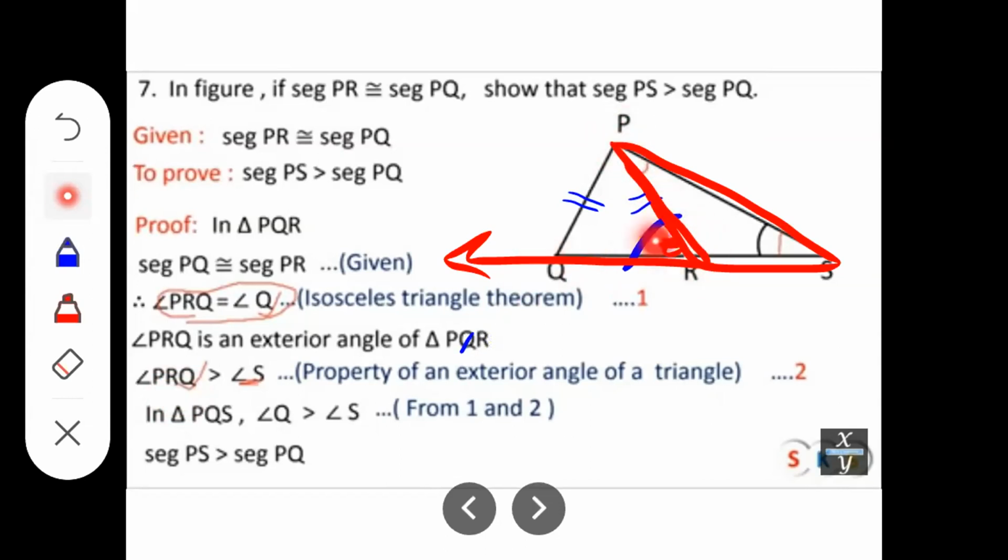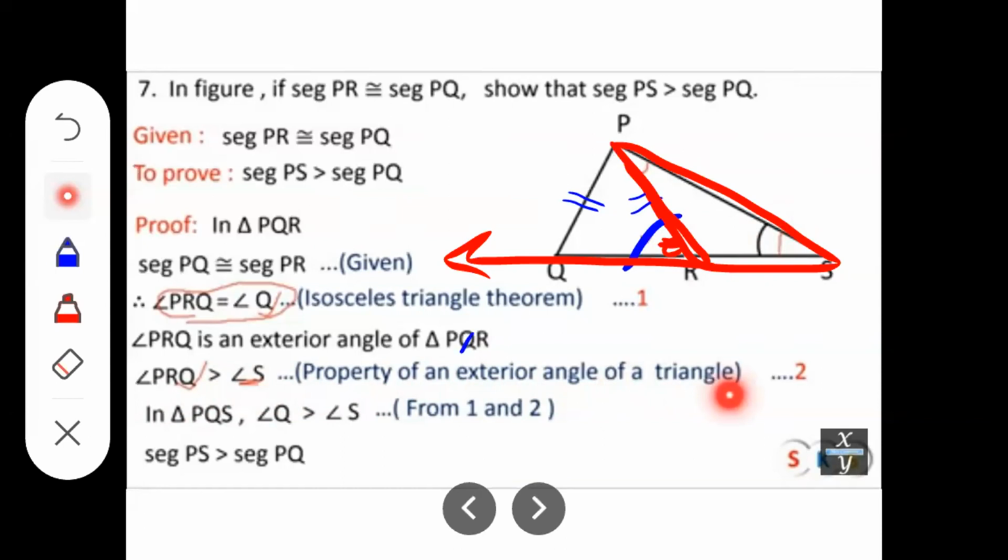Which are those? Angle S and angle P. Those are the two remote interior angles, and the exterior angle is greater than each one. So angle S will be smaller and this R will be greater. So let's write here that angle PRQ is greater than angle S, by the property of an exterior angle of a triangle.